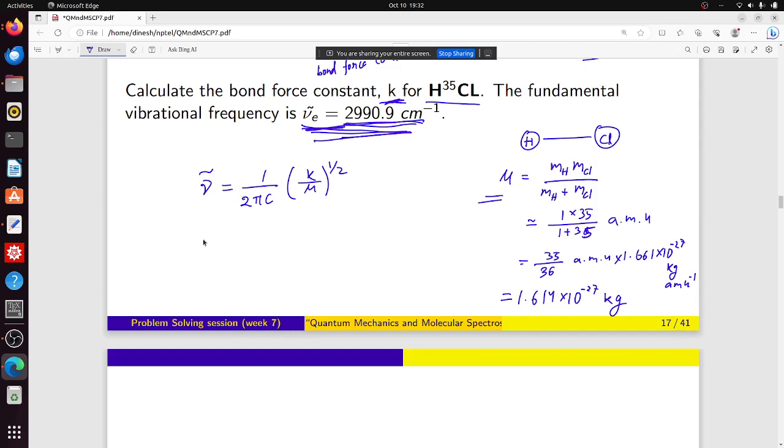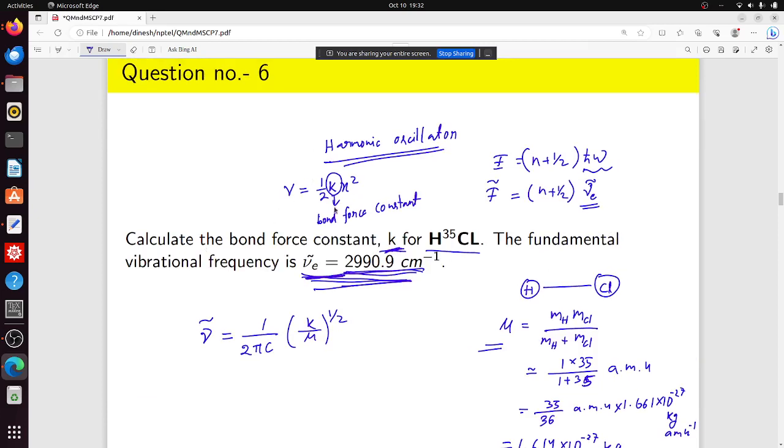If you know the harmonic oscillator pretty well, then you know this relation: omega is root over k over m, where k is the force constant and m is the mass of the particle, then the rotational frequency can be written as root over k over m.